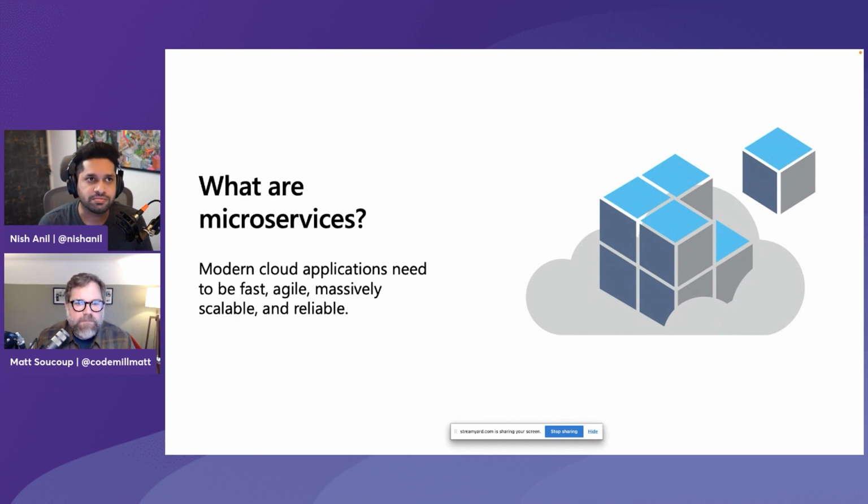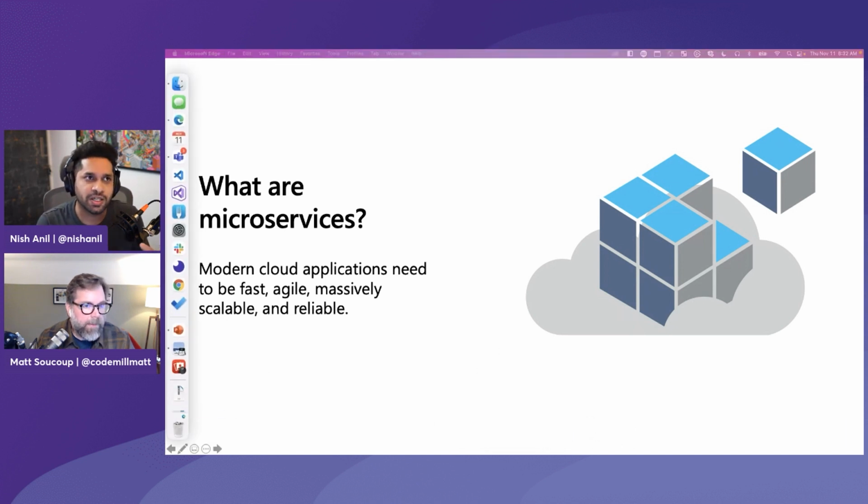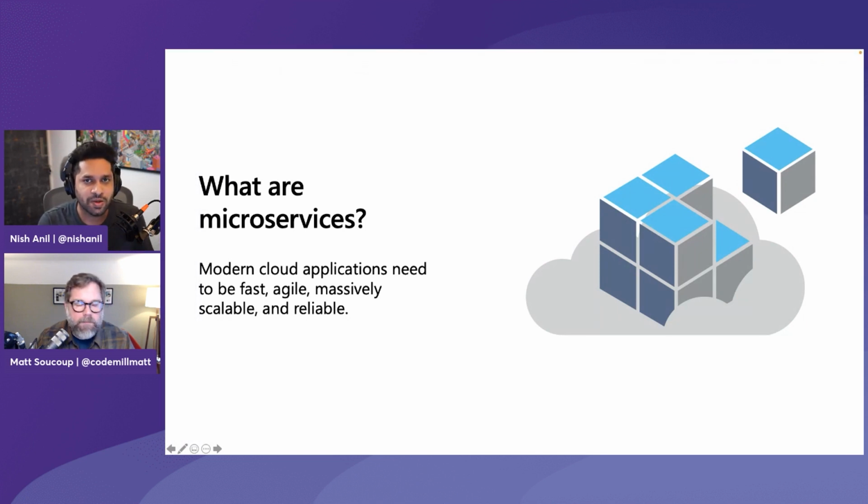Absolutely. Microservices, also known as microservice architecture, is an architecture style that states that you compose your application as a collection of smaller services. When we talk about smaller services, it's not about taking the application and splitting it down into multiple web API projects or something like that.